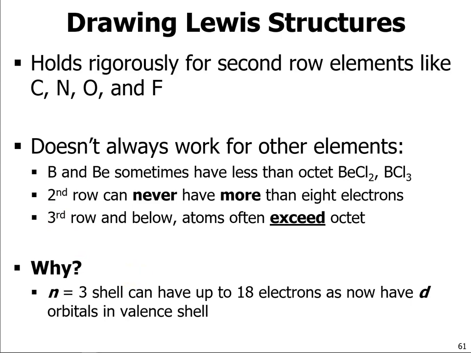So we have a bigger element, and we have some extra places that we can move and exchange electrons. That can change how many electrons an element is able to take into itself because of the d orbitals. The d orbitals can sometimes play a role in some of that chemistry, but we're not going to focus on that right now. We're just going to do some simple structures with Lewis diagrams.